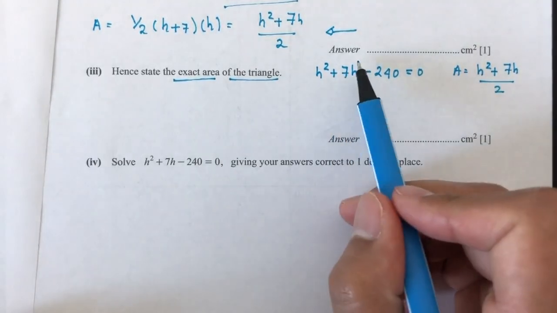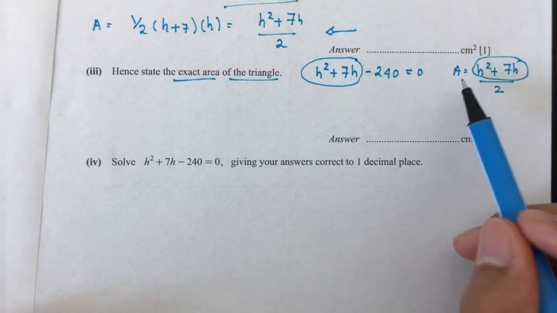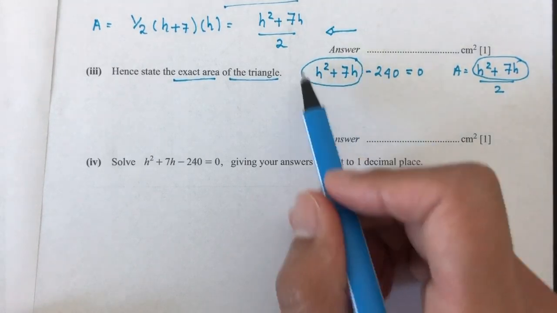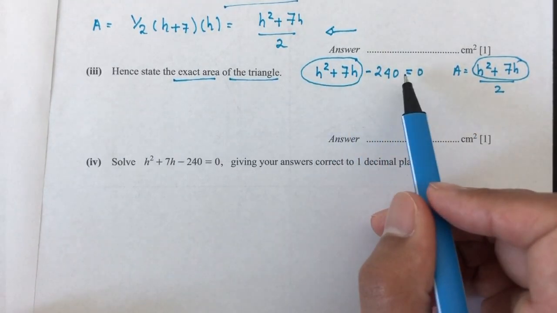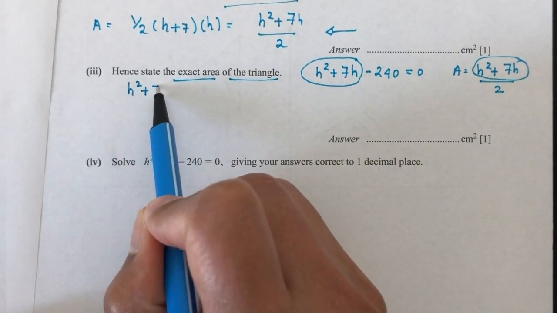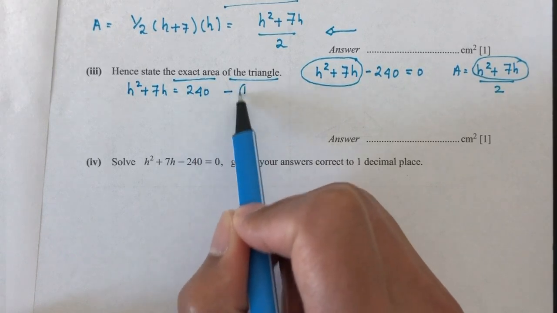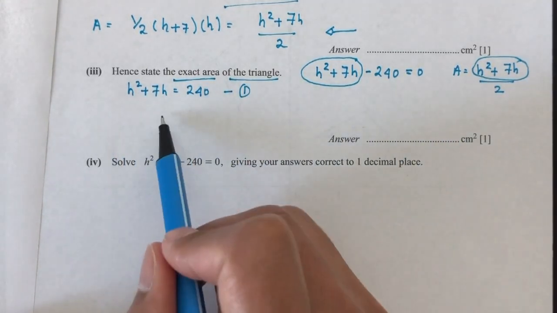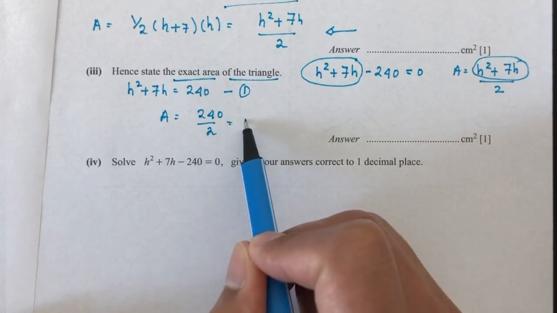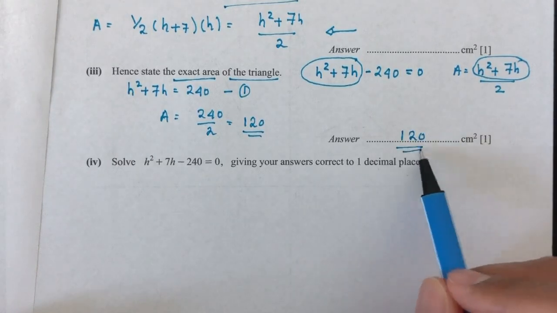Now you realize that this one is the same as this one, so we can solve this simultaneously. Let's make this the subject of the formula. We know that h squared plus 7h is equal to 240 in the first equation. Replace this in the area, you will have A equal to 240 divided by 2, that will be 120. So that's the exact area of the triangle, 120.